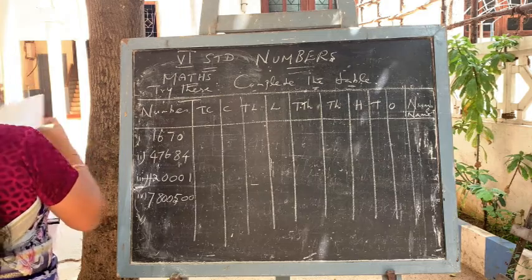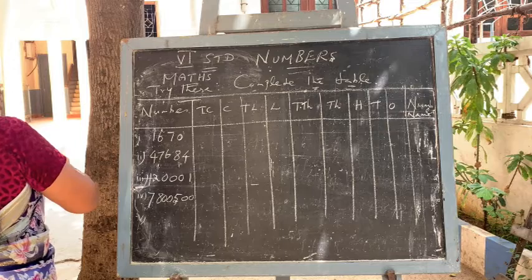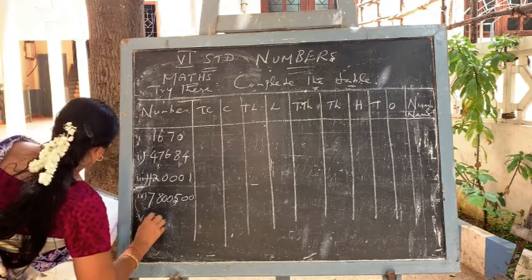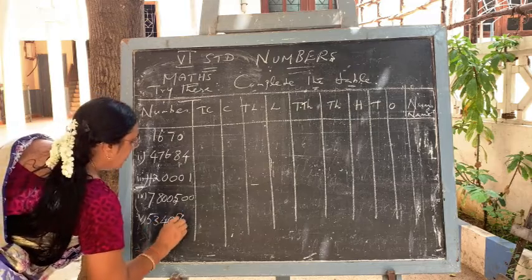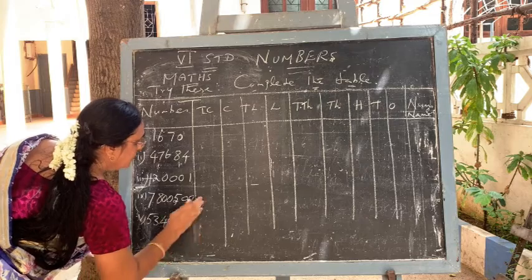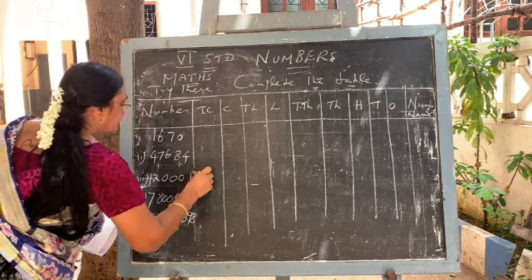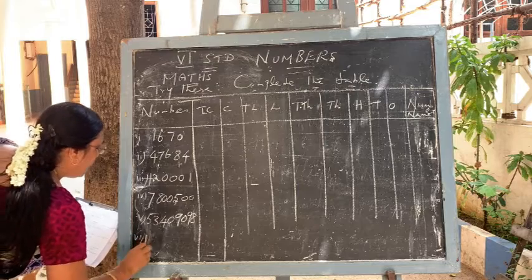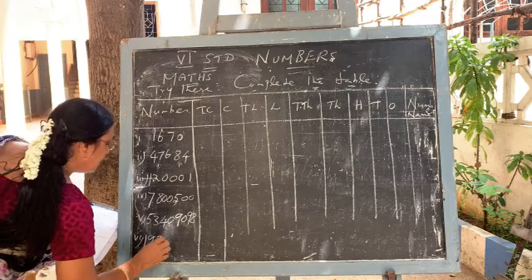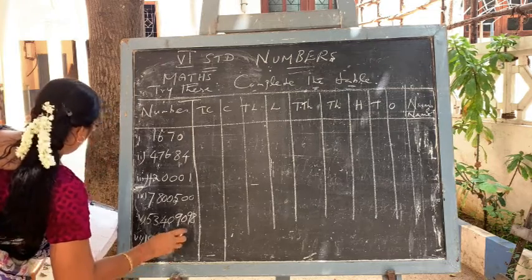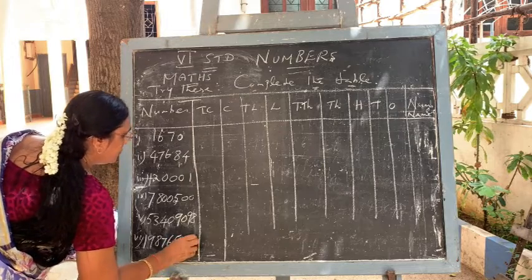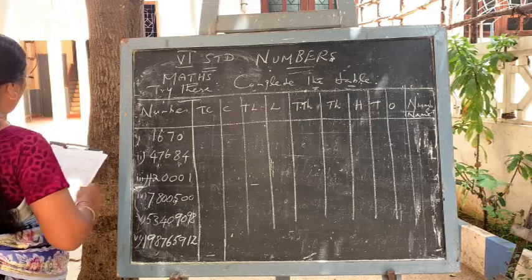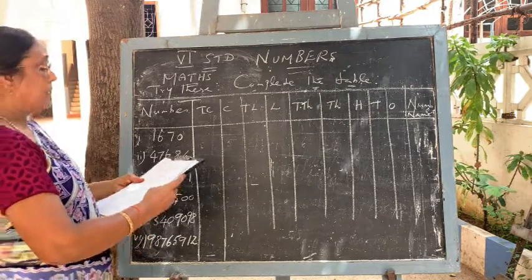And the fifth one 53409098. Then the sixth one 1987659112. Then you have to fill it here.